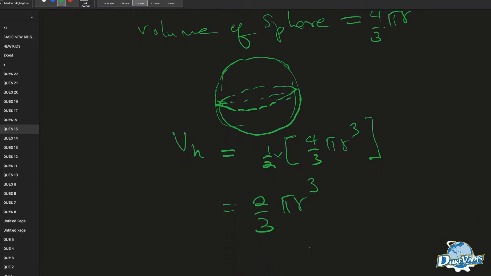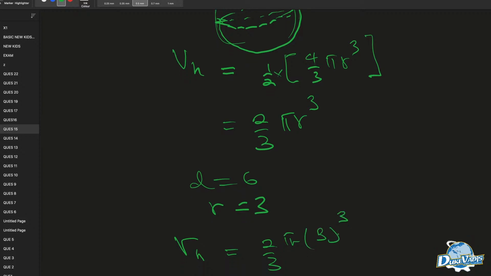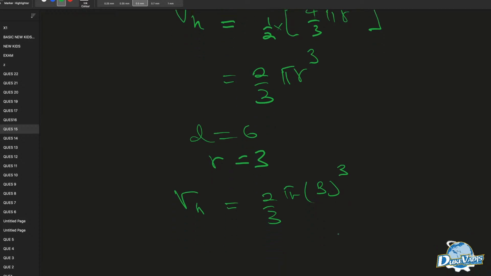We know the diameter is 6, so our radius is 3. When we substitute, the volume of the hemisphere is 2 over 3 pi multiplied by 3 cubed, and 3 cubed is 27. So this will be 2 over 3 pi times 27.